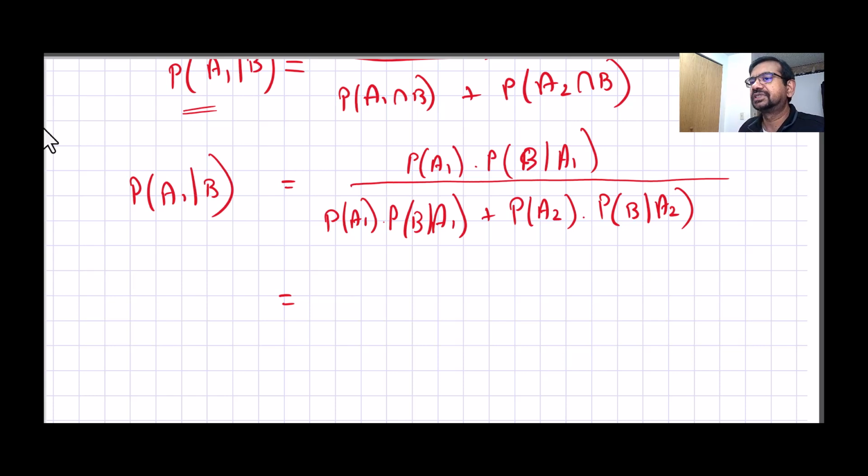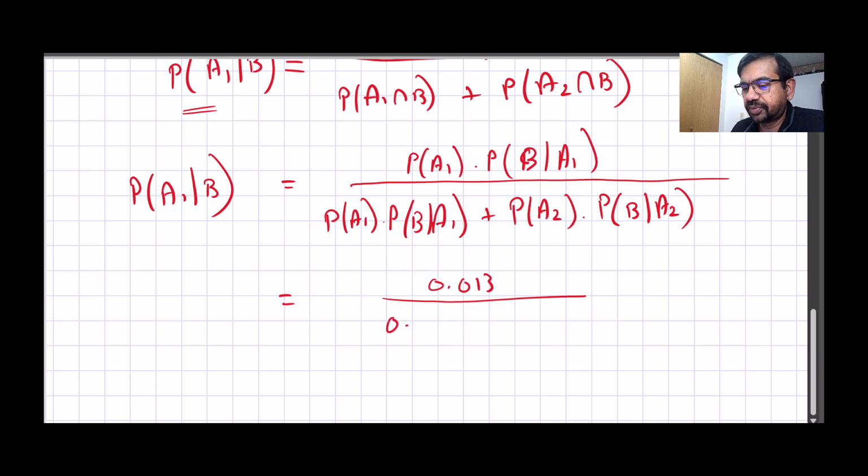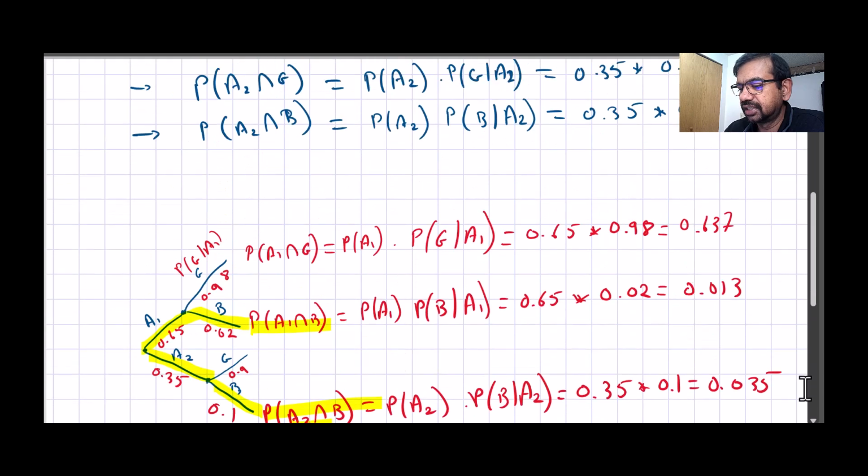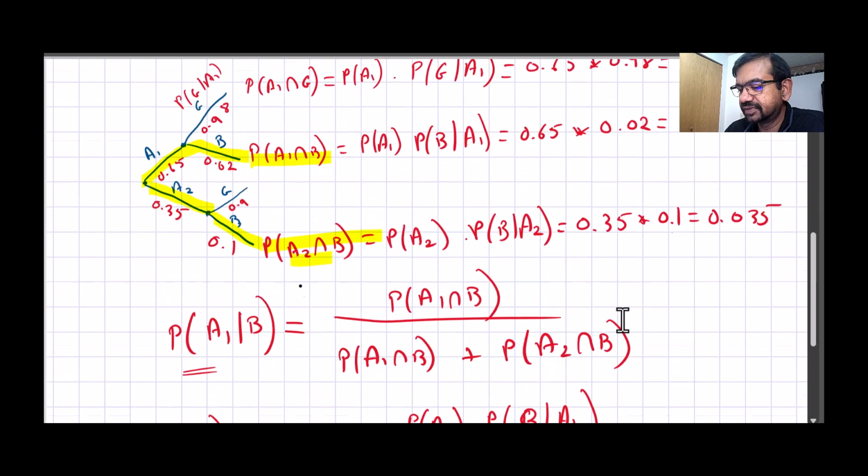And these numbers we established, the first number is 0.013, the probability that the part is bad and that part came from the first firm, divided by 0.013 plus 0. Again, we calculated this probability as 0.035.